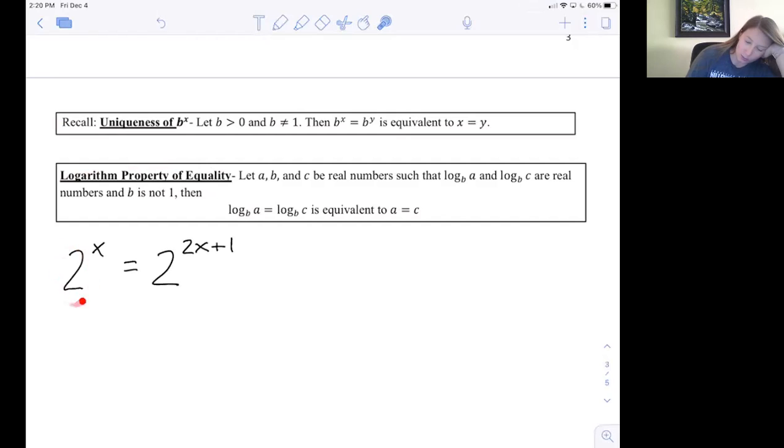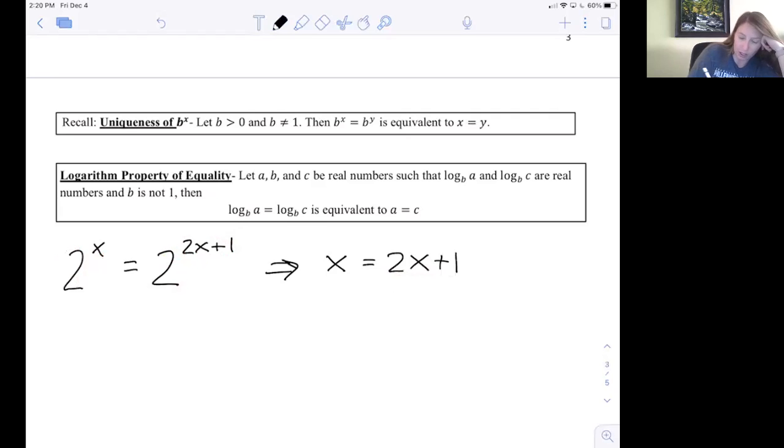If I have these 2 base numbers that are the same, so in this case they both equal 2, then I can just set their exponents equal to each other. So all it's saying is that if these bases are the same, I know this has to be equal to that. And then I would solve for x to solve the problem.